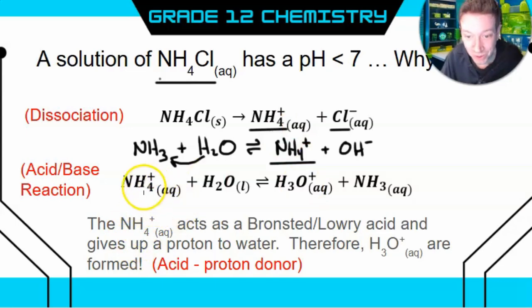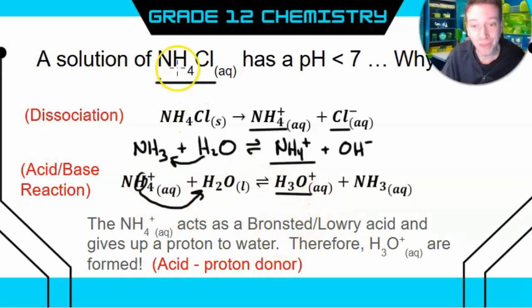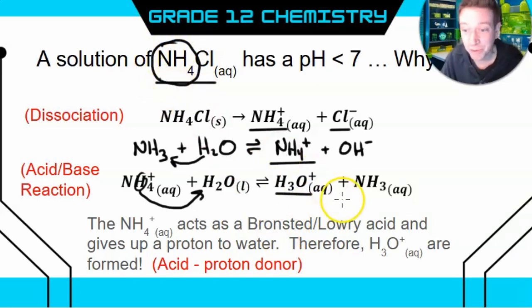So it's going to donate one of its hydrogens here, producing hydronium. So this ion inside of our salt is actually going to react with water to produce hydronium ions, making our solution acidic.